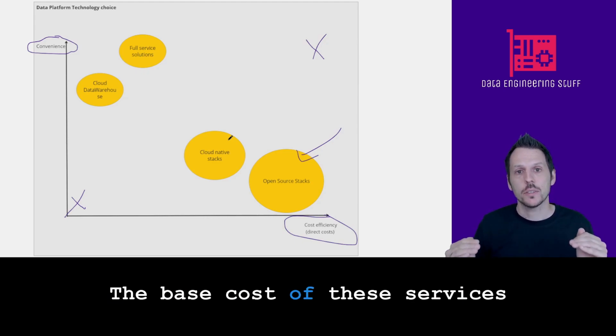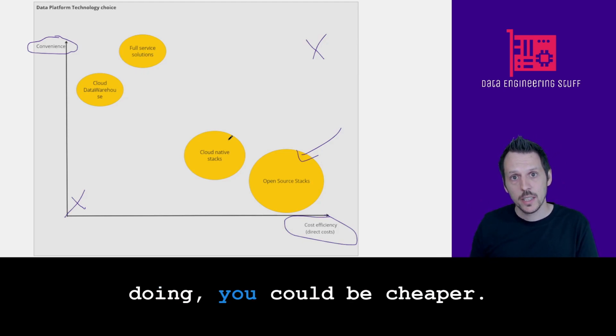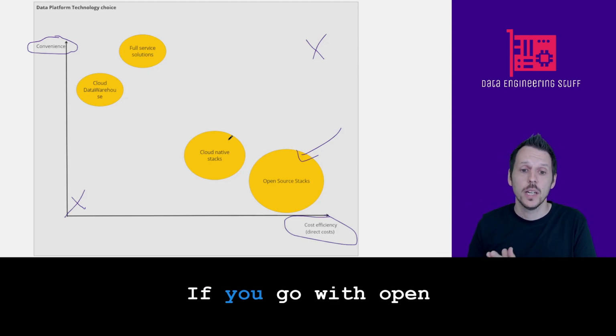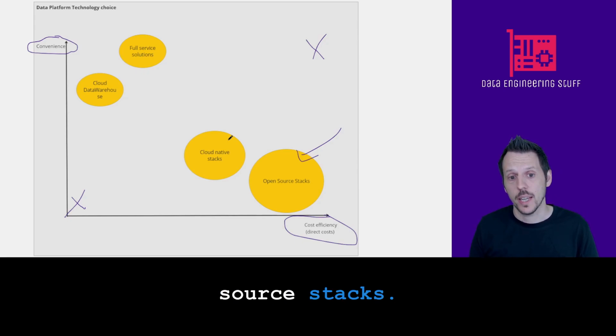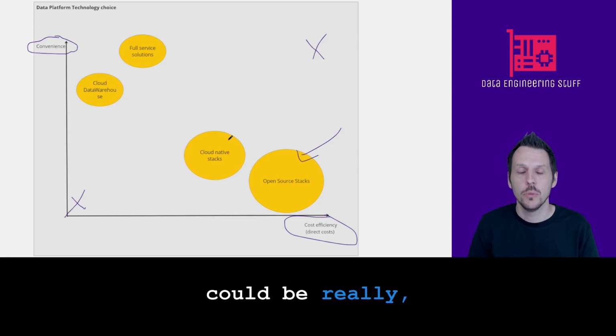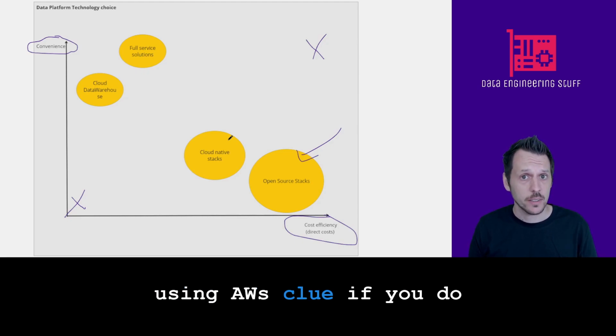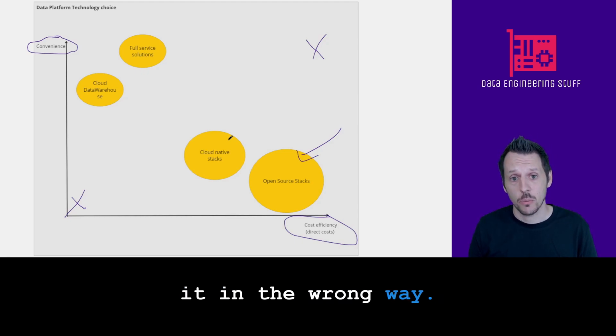The base cost of these services is much higher. So if you know what you're doing, you could be cheaper if you go with open source stacks. If you're doing something wrong with cloud native, it could be really, really expensive. You can get a really huge bill using AWS Glue if you do it in the wrong way.